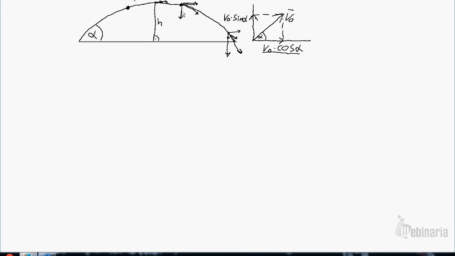So here the speed is exactly the same as this one. Now moving further, here we already got the same vector, and here we go, the gravitation starts having an effect like this.